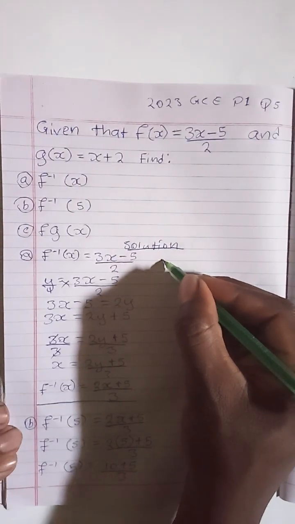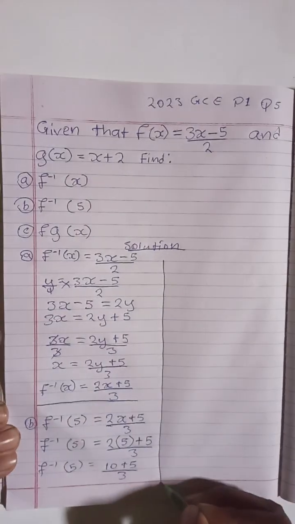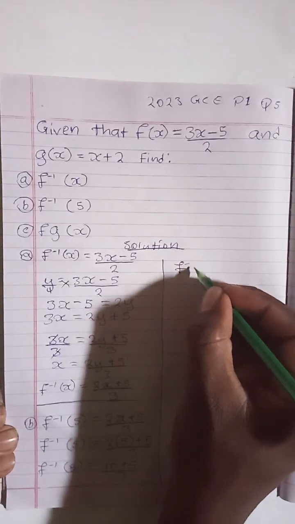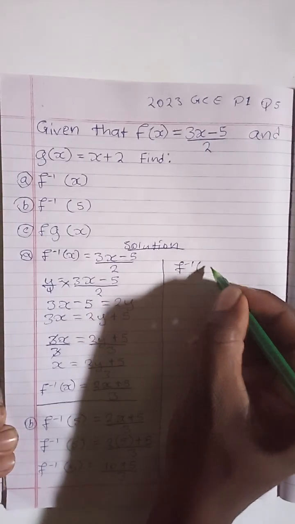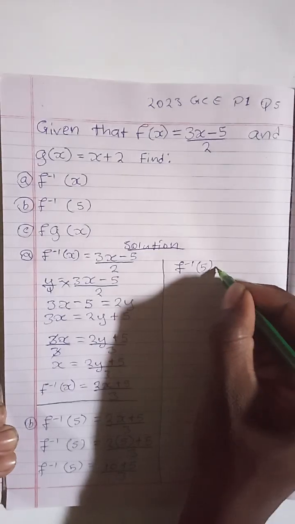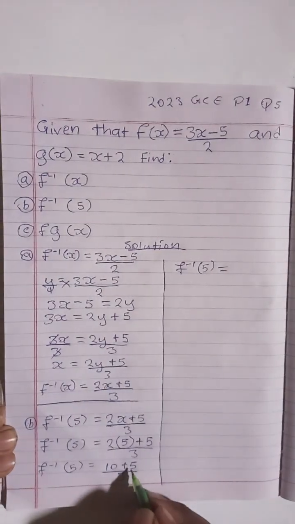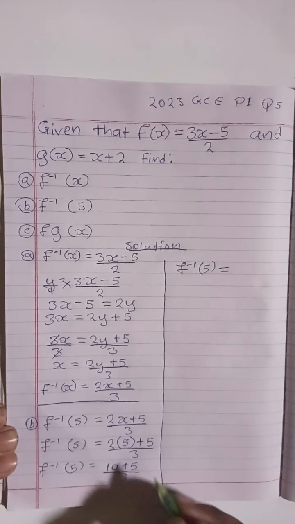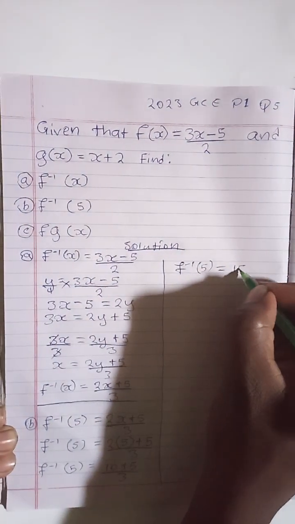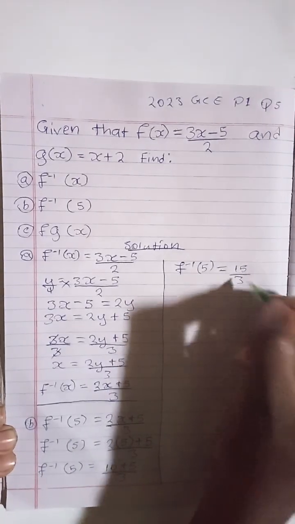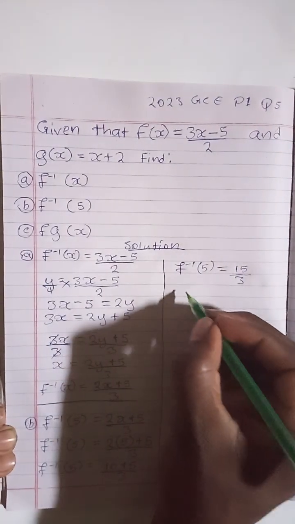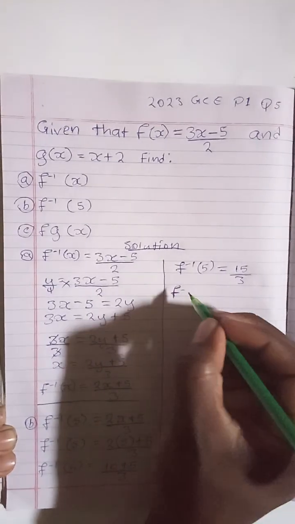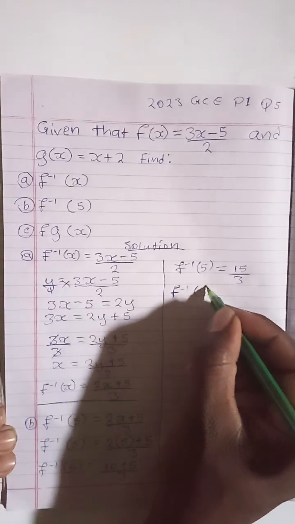The inverse function of 5 is equal to 10 plus 5. 10 plus 5 is equal to 15. 15 over a 3. So this is simple now. We arrive at the final answer now.